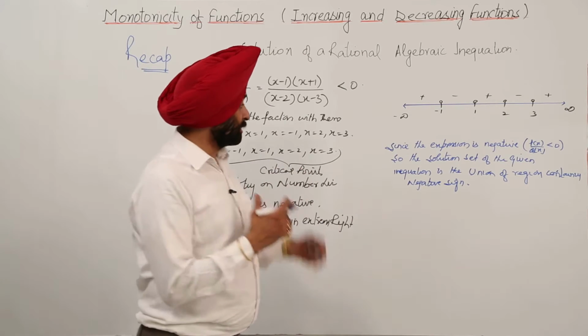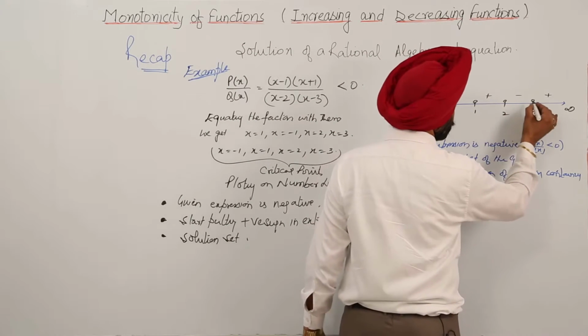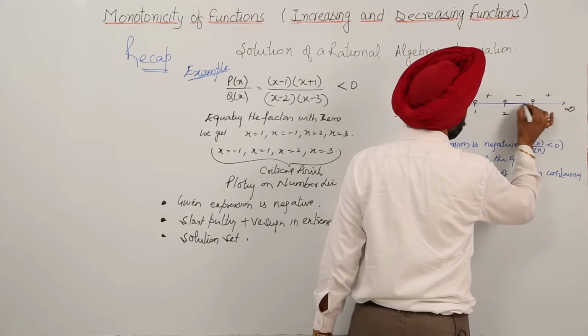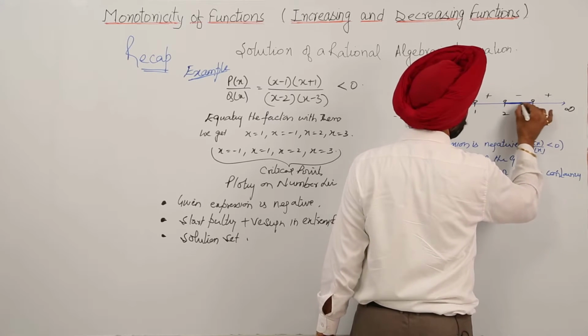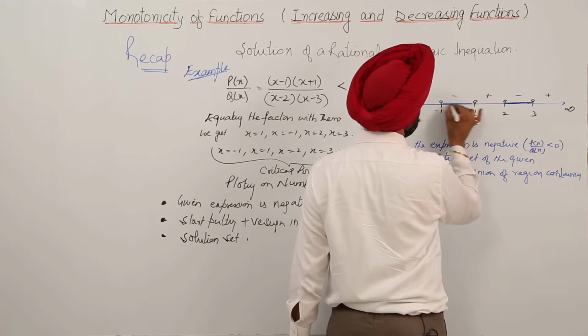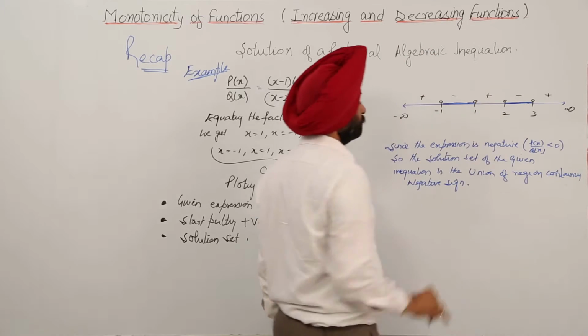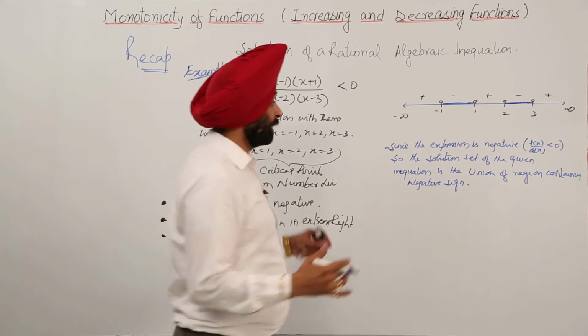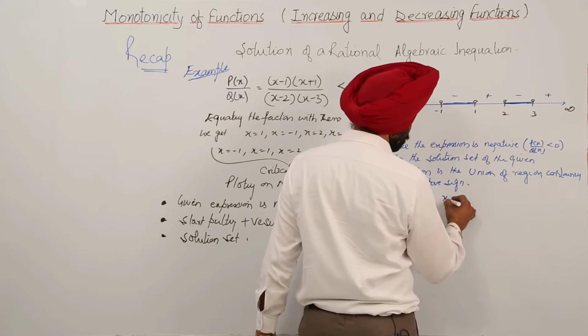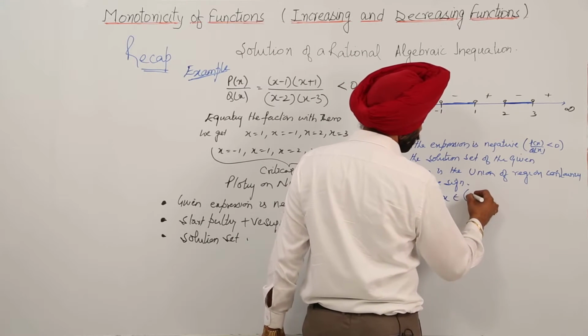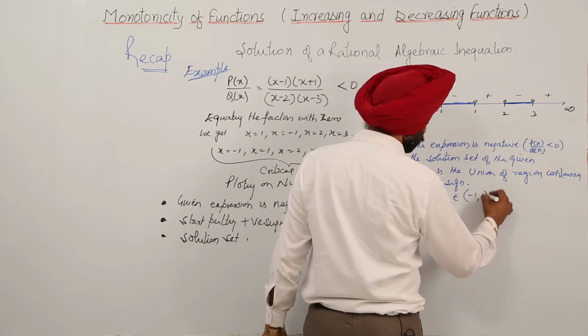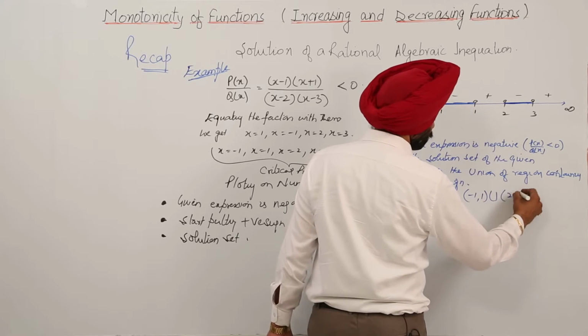Very good thing, very nice thing. So what is giving the negative region? This region and this region having the negative sign. So we can write x belongs to (minus 1, 1) union (2, 3).